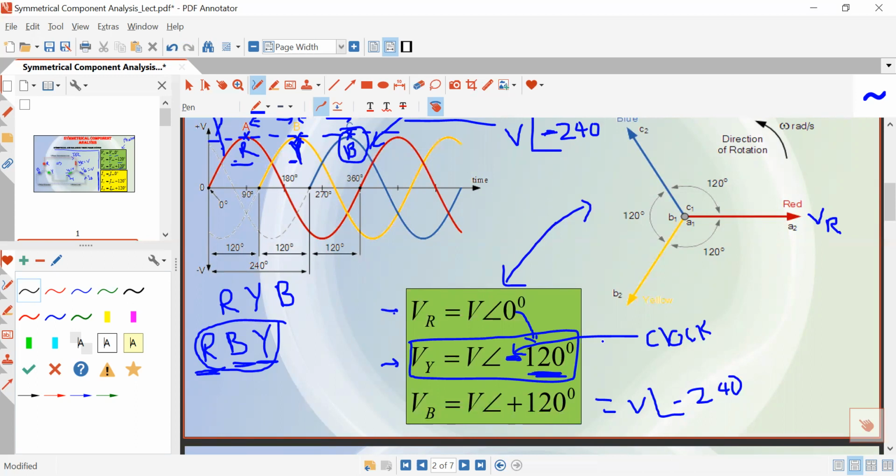When you draw a vector at an angle of 120 degrees in the clockwise direction, you will get this vector, shown here in yellow color. You must remember this is clockwise. This vector will represent the voltage Vy.